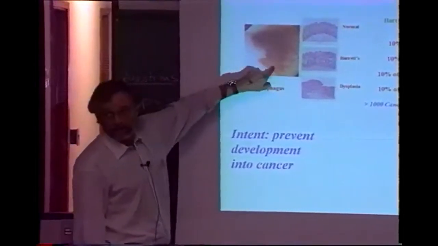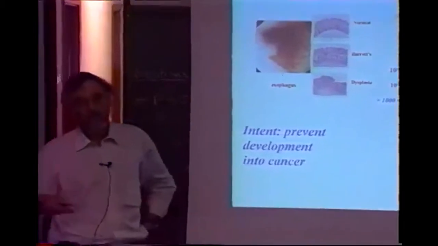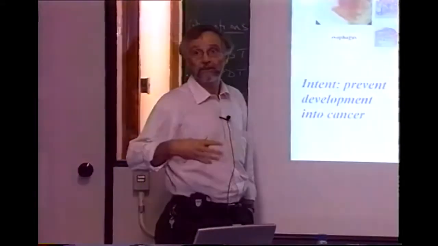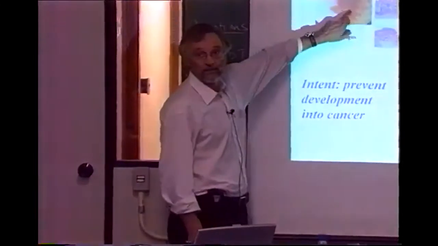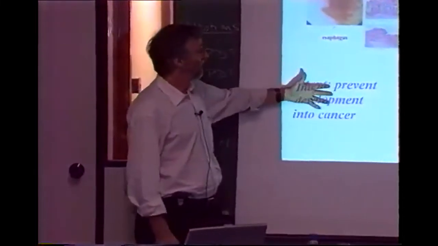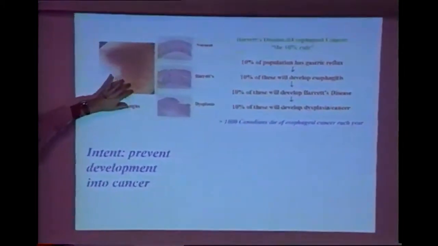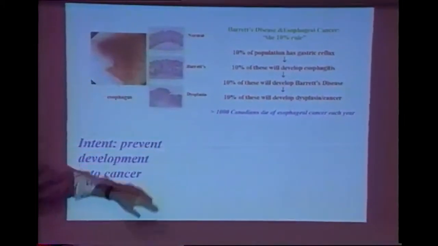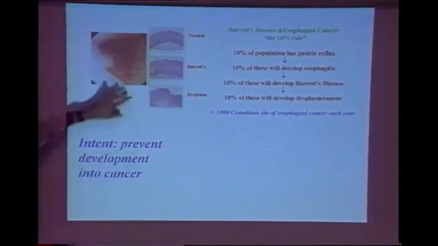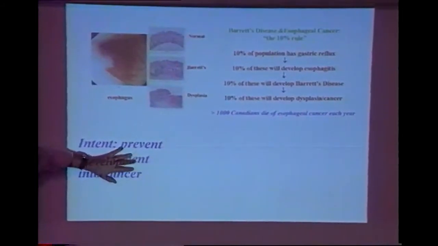This is not malignant, but there is a 50 to 100 times greater probability of developing dysplasia and cancer if you have this condition. So the idea of PDT here would be to treat this, eliminate the abnormal mucosa, allow the normal mucosa to repopulate, and so reduce the risk of developing cancer, prophylactically.